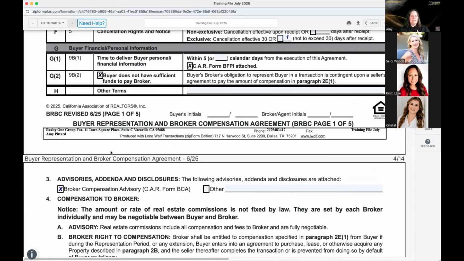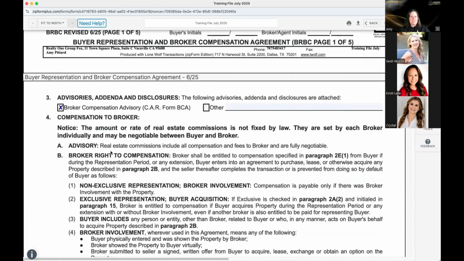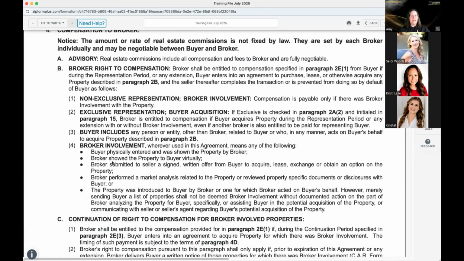Let's see here. As we scroll down, we have compensation to broker. This is where it goes into that. It details out what broker involvement is. So again, broker involvement is the buyer physically entered or was shown the property by the broker. The broker showed the property to the buyer virtually. Broker submitted to seller a signed written offer from buyer. Broker performed a market analysis related to the property or reviewed specific documents or disclosures with the buyer.